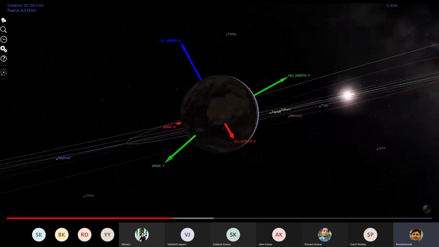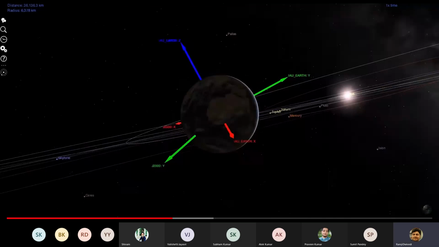Again, Earth-centered inertial, or space-fixed, has an x-axis that is the intersection of the ecliptic with the equator, and the line joining the Earth's center of mass to that intersection point.